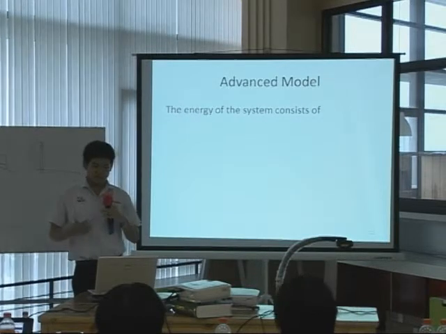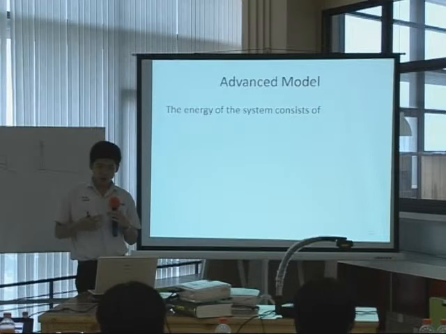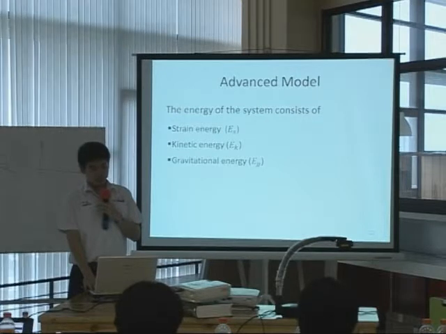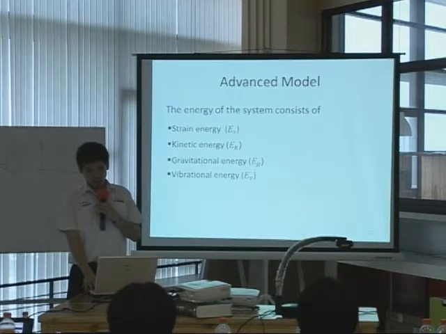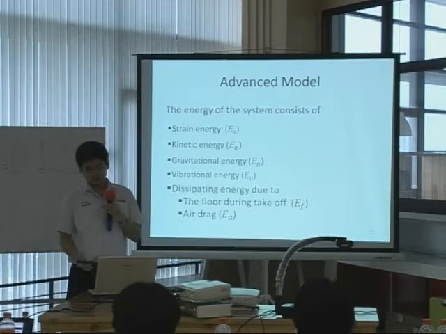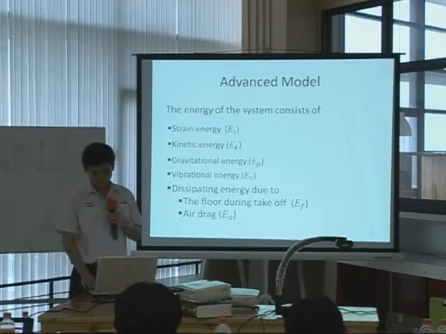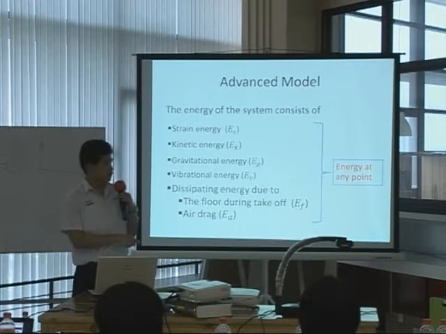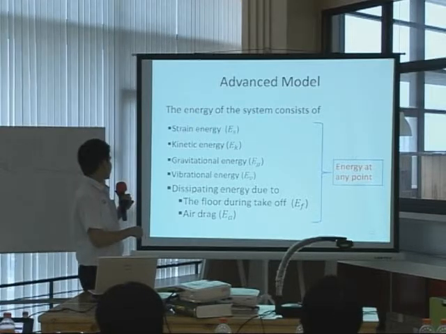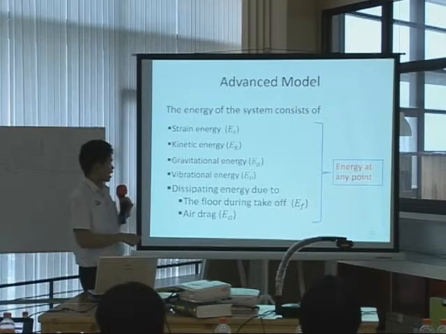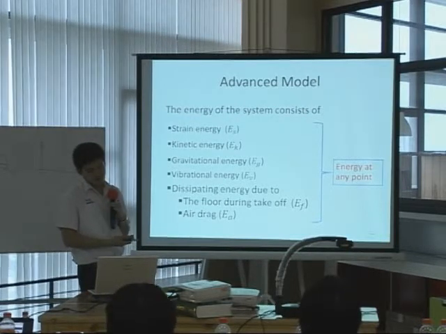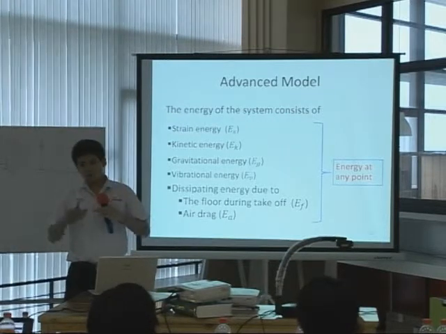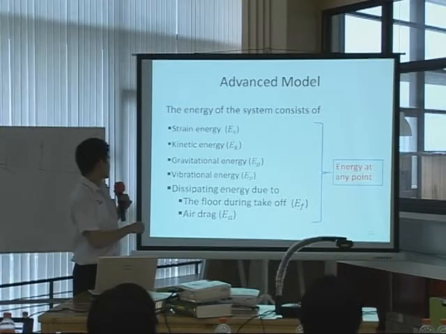In my advanced model, I consider the energy in the system consists of strain energy, kinetic energy, gravitational energy, vibrational energy, and energy lost to the floor and air drag. But some terms in the energy may be zero at different times, such as when the hoop is in the air, the strain energy term will be zero.